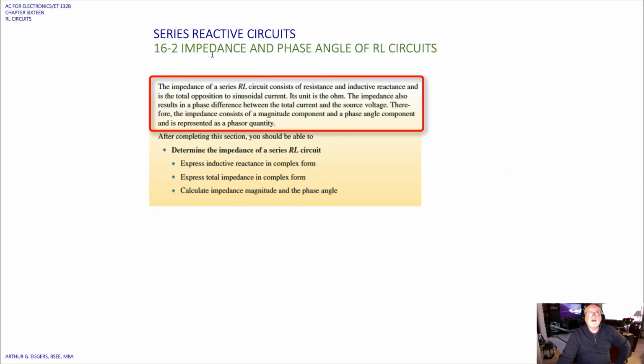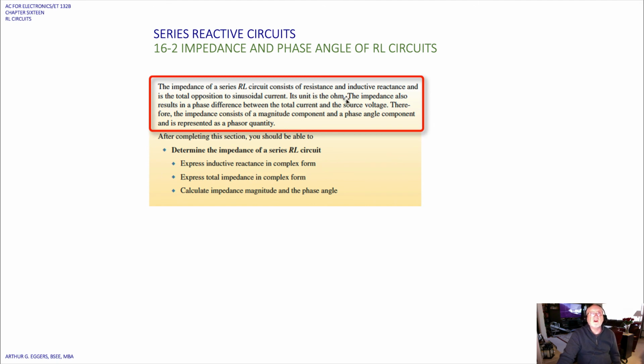Okay, so we're going to look at developing this impedance and phase relationship. The impedance of a series RL circuit consists of resistance and inductive reactance. Remember, just like we saw before, the resistance and the inductive reactance are measured in units of ohms. The total opposition then to a sinusoidal current, the unit being ohms.